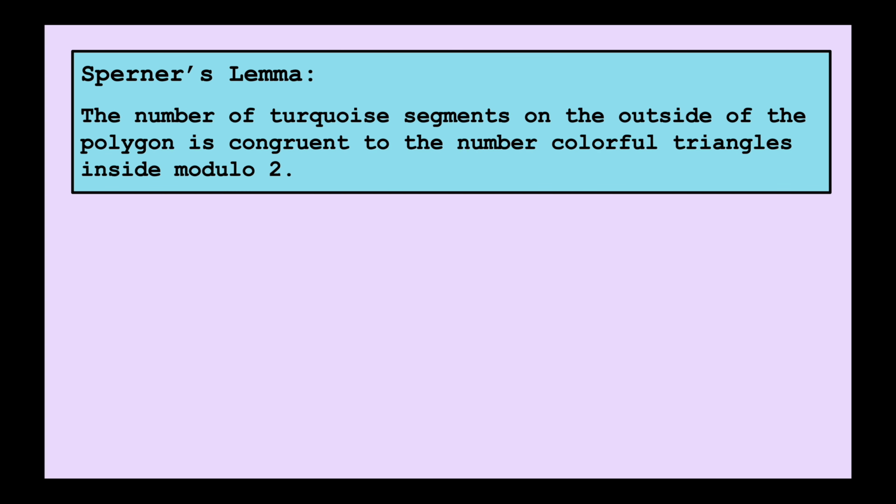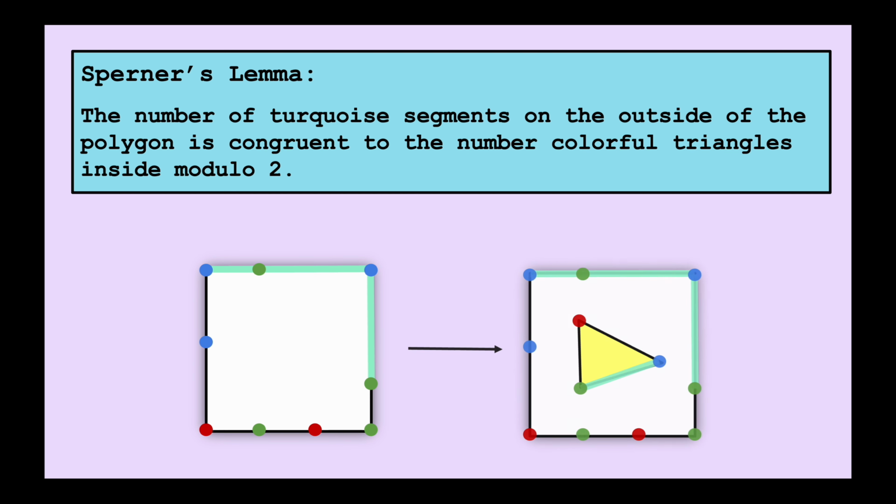It might be hard to grasp why this could be useful, so let's just summarize what it would mean for our square. Sperner's lemma allows us to use only information about the outside of the square, the number of turquoise segments, to tell us about the unknown triangulation on the inside, the number of colorful triangles.